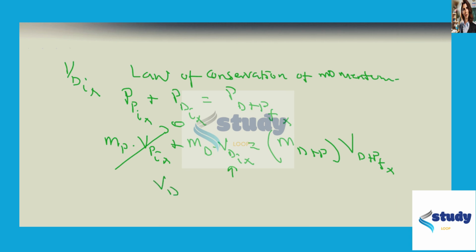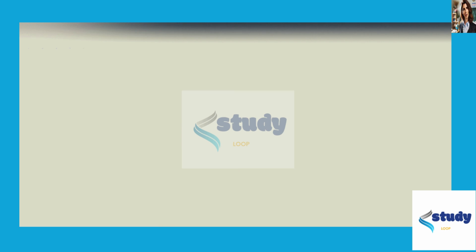So the velocity of the Durango in the x is the mass of the Durango and the Prius times the final velocity of the Durango and the Prius in the x, divided by the mass of the Durango. In the next page, we're going to be finalizing our problem.